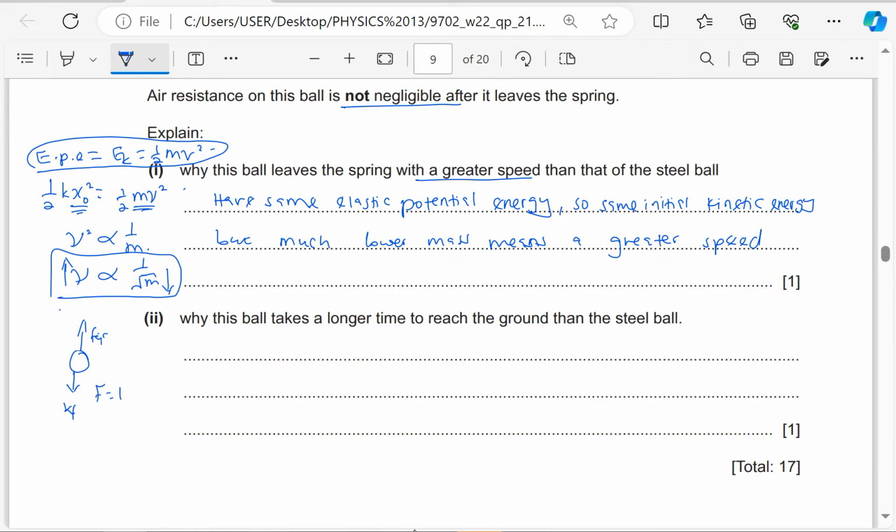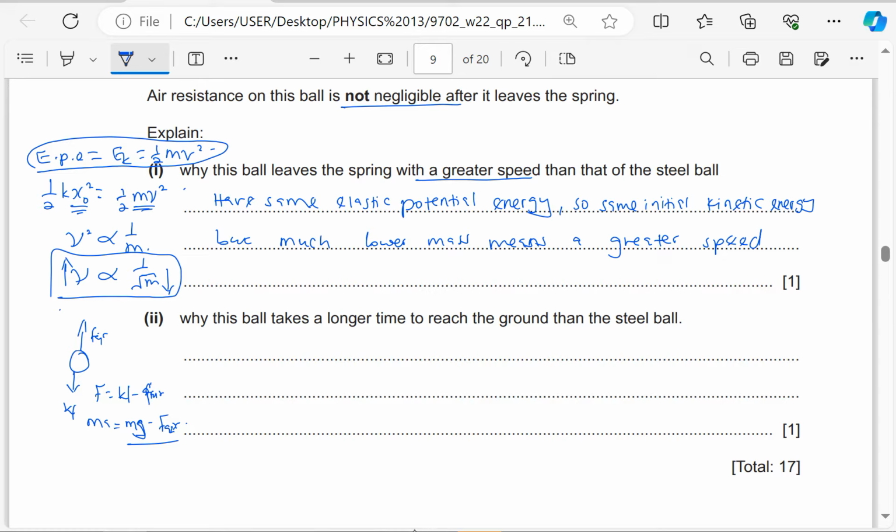The resultant force is W minus the force due to air resistance, and the resultant force is mass times acceleration, which equals mg minus the air resistance force. Air resistance reduces the resultant force on the ball, which means it reduces the acceleration.